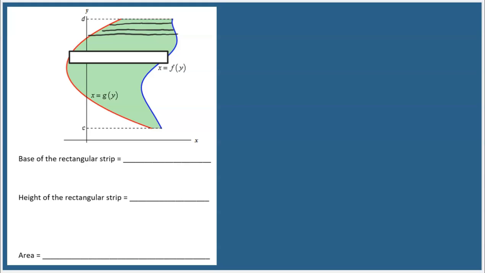Okay, so in this case though, because this goes horizontal, we would say my base is part of the segment from c to d, right? So the base of that rectangle is d minus c divided by how many rectangles we have.